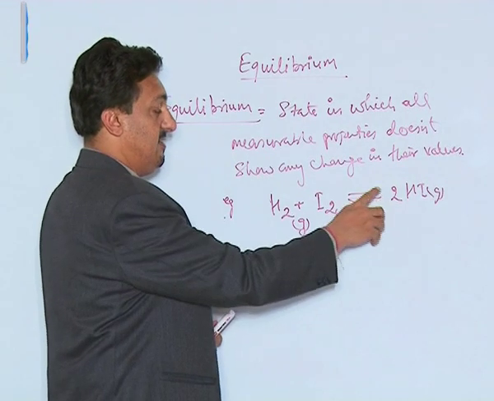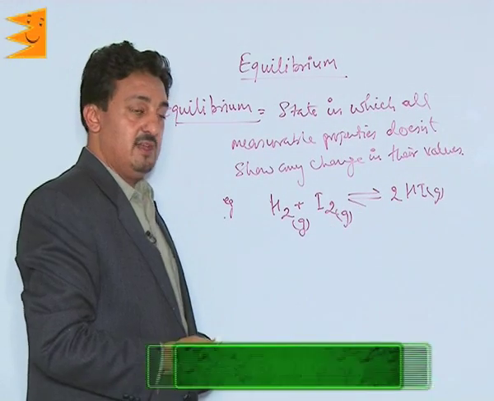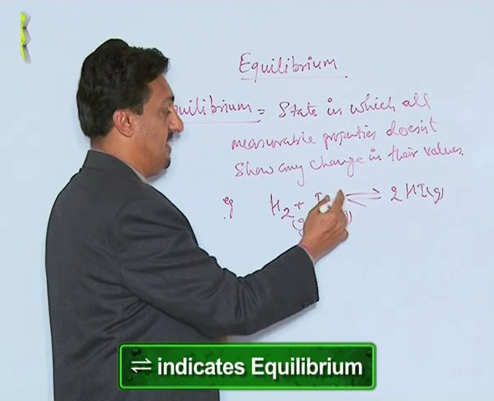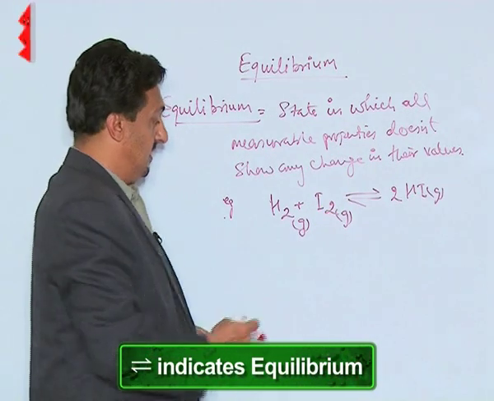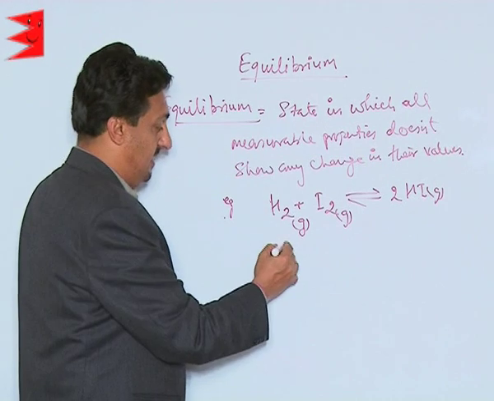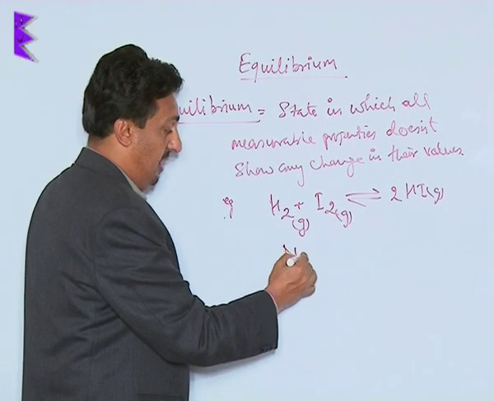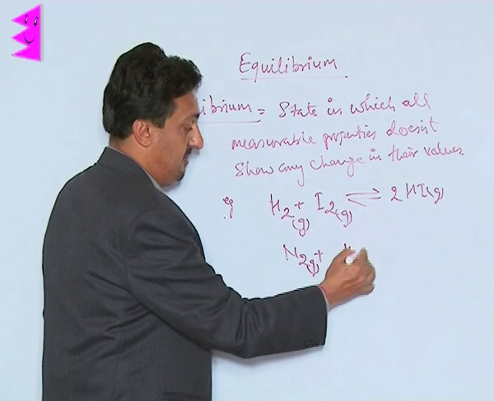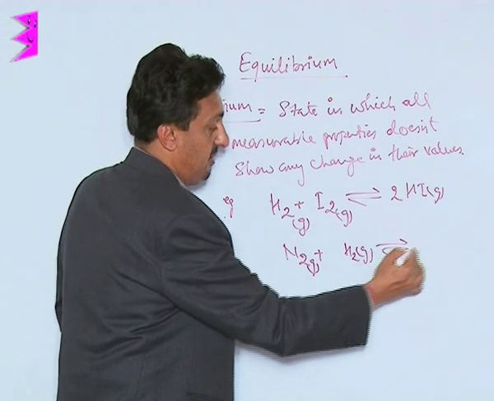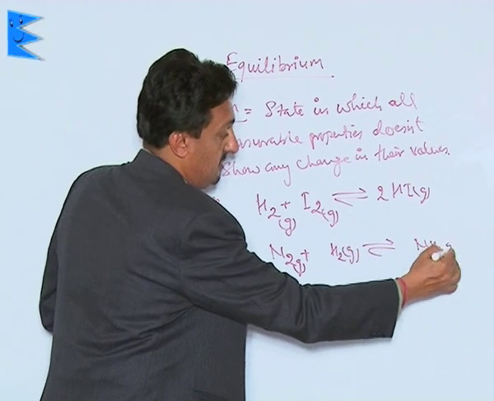This sign, which is actually a double half arrow, indicates that there exists an equilibrium in this reaction. Similarly, we can represent another example, Haber's process, in which nitrogen gas combined with hydrogen gas results in the formation of ammonia.